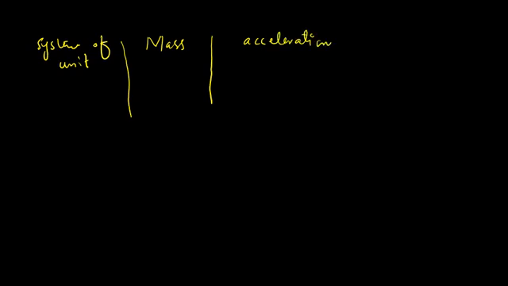Here we make a column for the system of units, then the next column is about mass, then acceleration, and then the next column is about force.